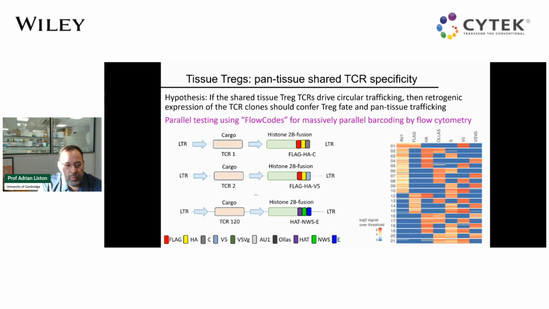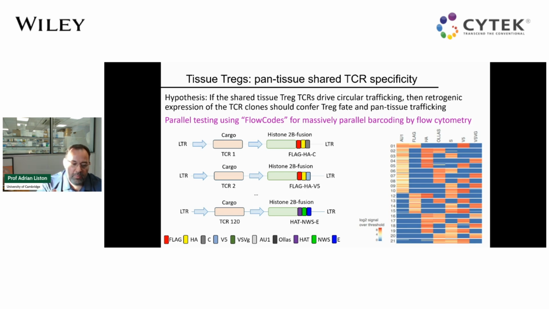So this is how it works in practice. We have a set of retroviruses, and each of those retroviruses has a cargo, which in this experiment will be a TCR alpha beta chain, and then it also has a histone 2B fusion.